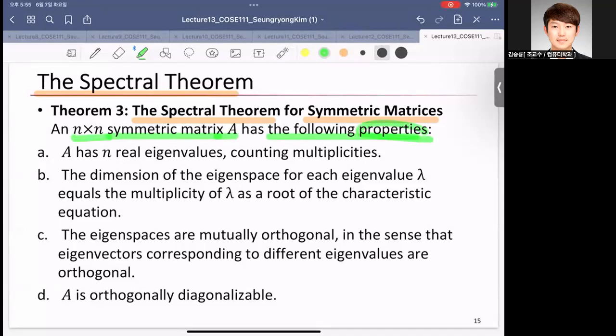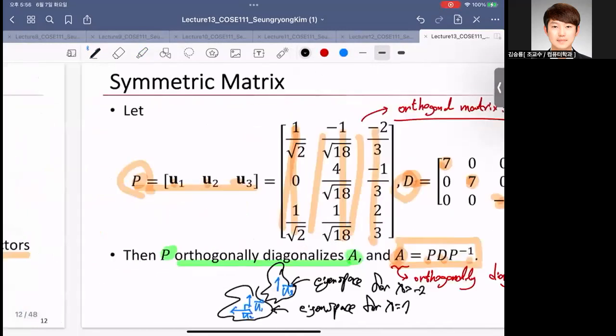First of all, matrix A has n real eigenvalues, counting multiplicity. It means that, I will show you examples.